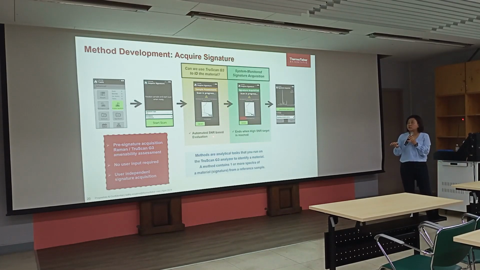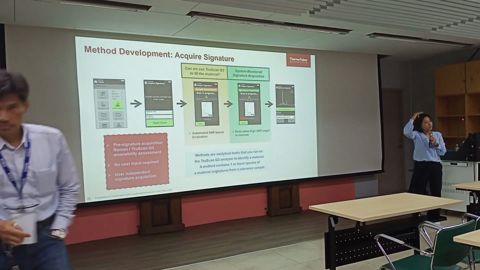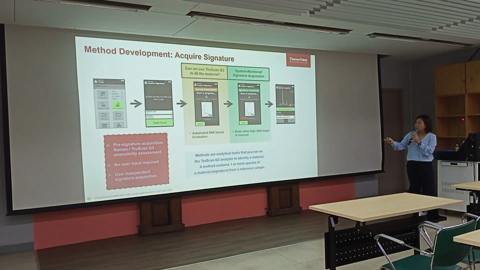SNR refers to the signal to noise ratio. We will set a higher target for SNR when we acquire the signature. Then the instrument, everything is automatic. Once it finishes acquiring the spectra and achieves the target of the SNR, you stop. You will see the spectra from your instrument, then you will save this signature in your system. So later I will share with you the whole step, how I perform the test to acquire the signatures.